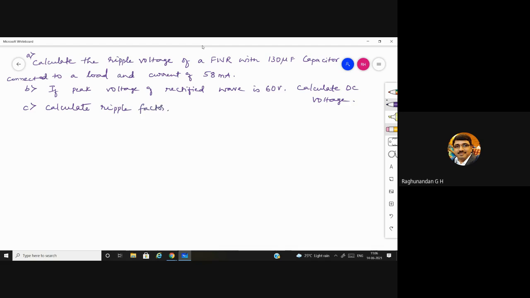This problem is on page number 56 of the textbook. I have just changed the values to make you solve.